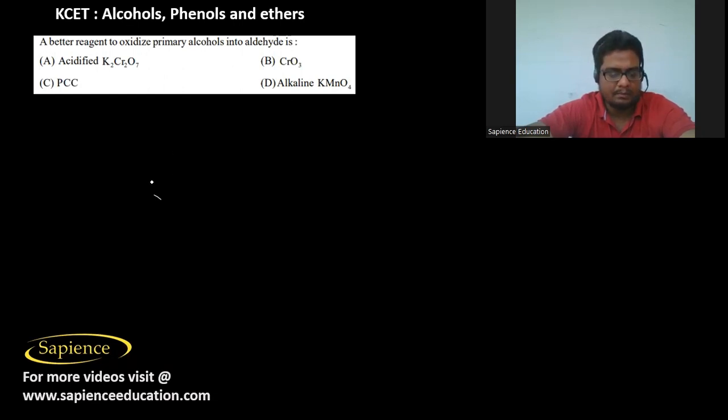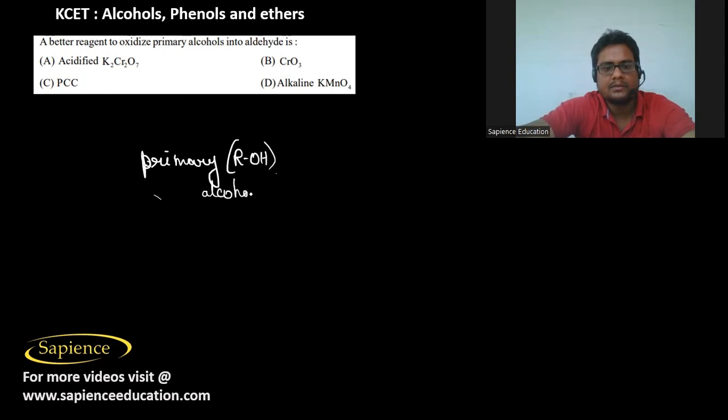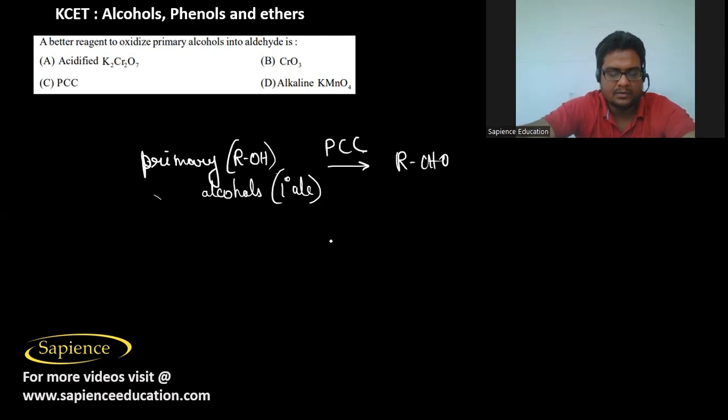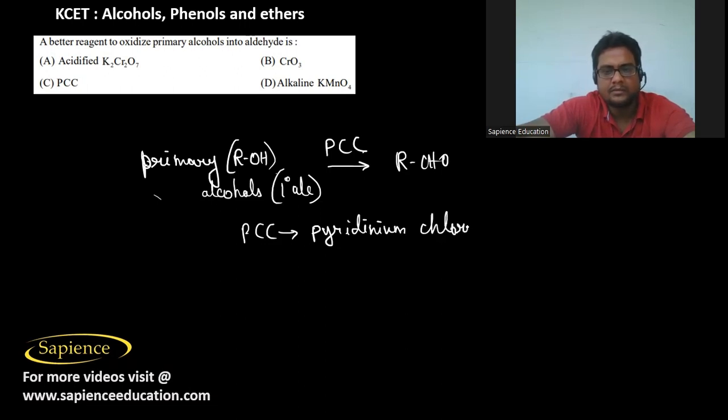So a better reagent to oxidize primary alcohols, or 1 degree alcohols, to aldehydes, RCHO, will be PCC, which is pyridinium chlorochromate.